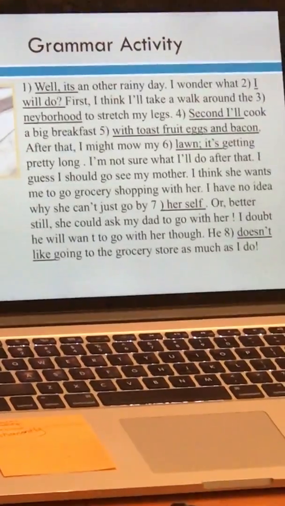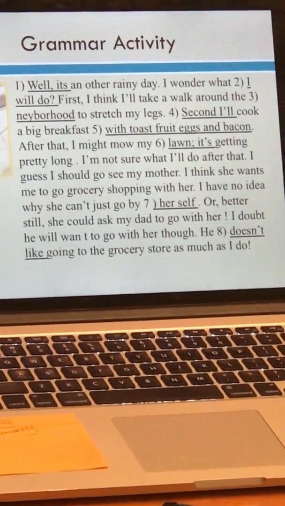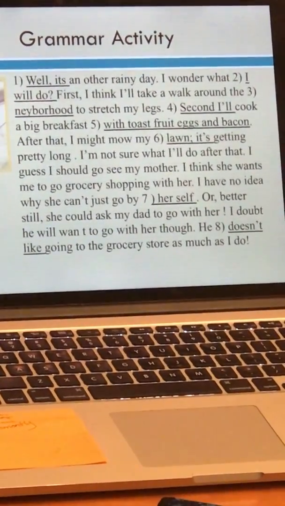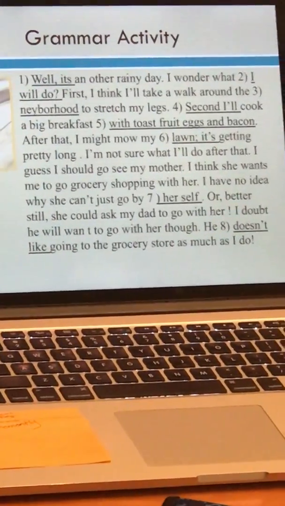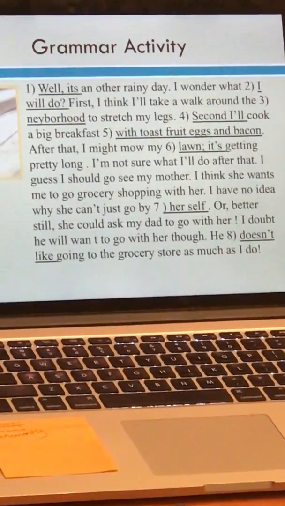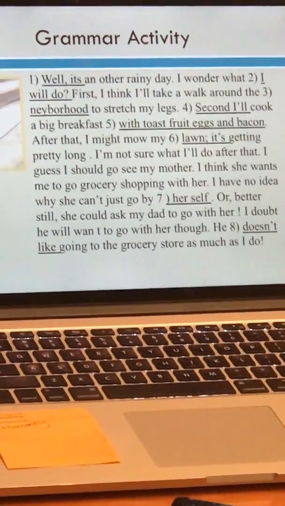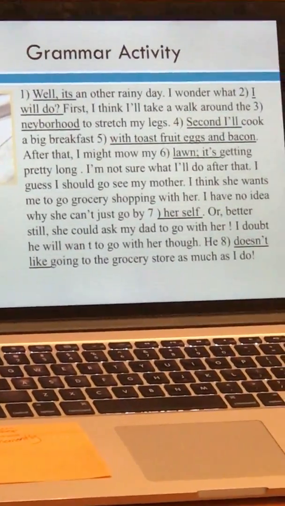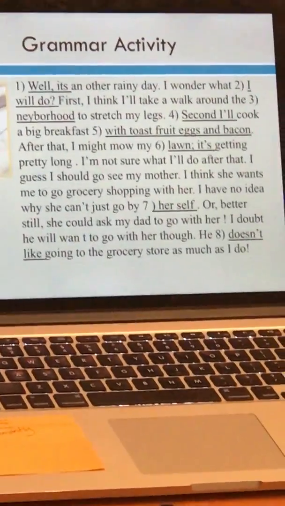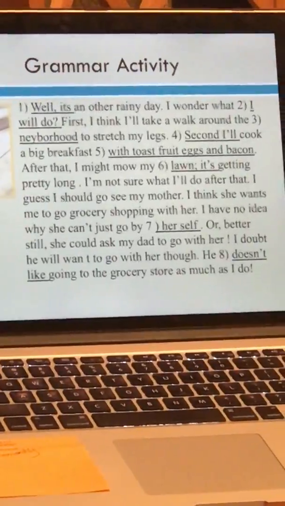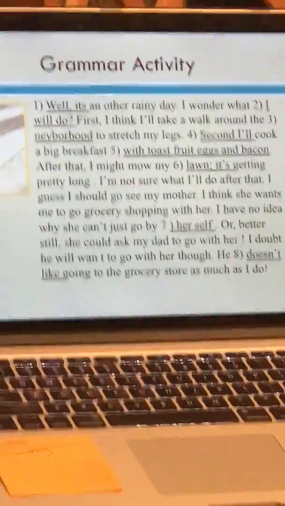I'm not sure what I'll do after that. I guess I should go see my mother. I think she wants me to go grocery shopping with her. I have no idea why she can't just go by herself. Or, better still, she should ask my dad to go with her. I doubt he will want to go with her, though. He doesn't like going to the grocery store as much as I do.